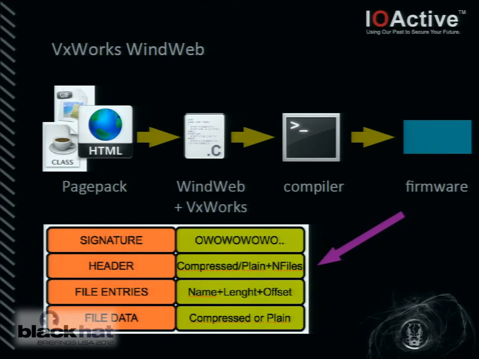Every entry has its own structure, which is comprised of a name, a 64 bytes field. Then, after the name, including the path, if applicable, there is a length field, and finally the offset from the beginning of the embedded file system, where we can find the data for the file. So we are going to see how to extract all those files from that file system.